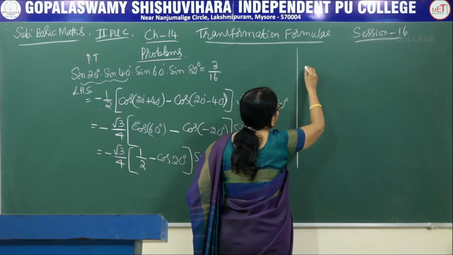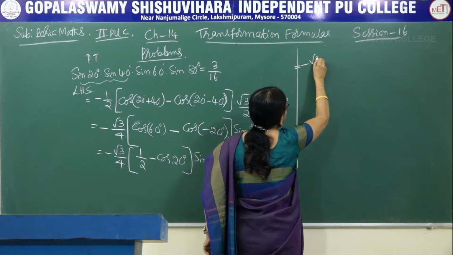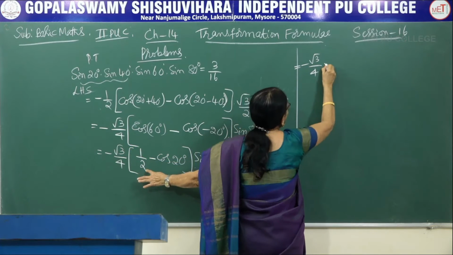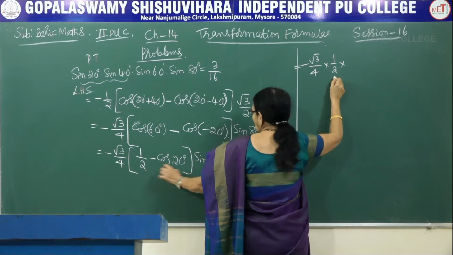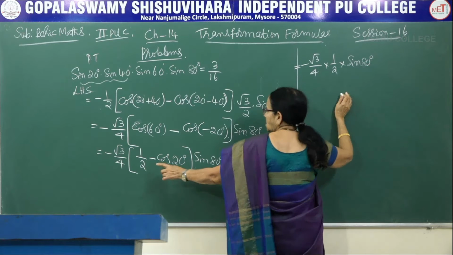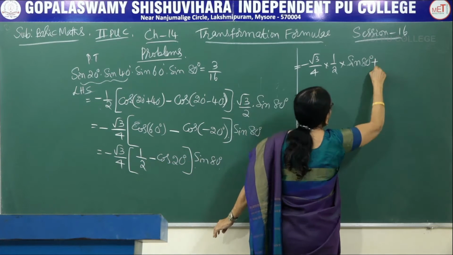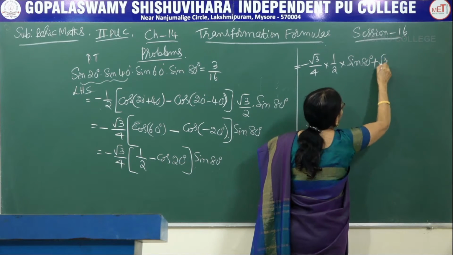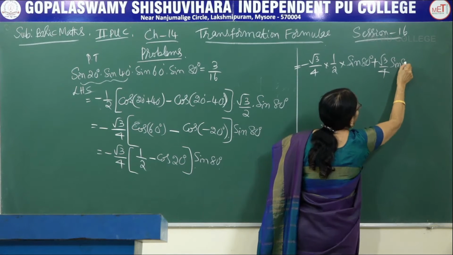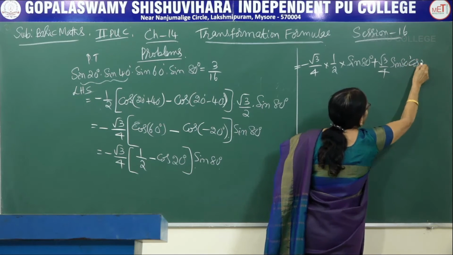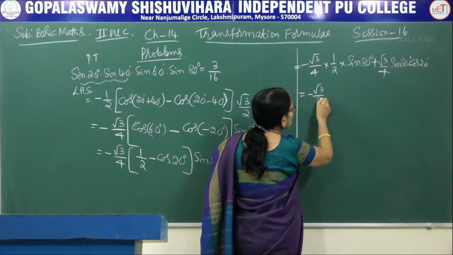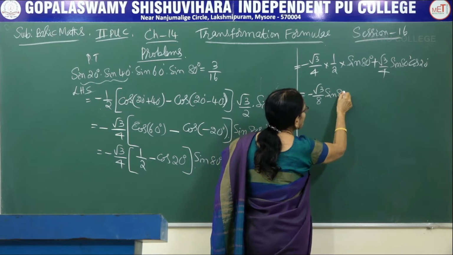So that would be equal to minus root 3 by 4 into 1 by 2 into 1 by 2 into sin 80, which is minus root 3 by 8 into sin 80.